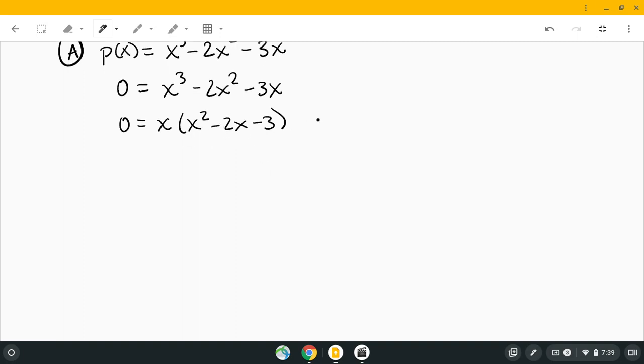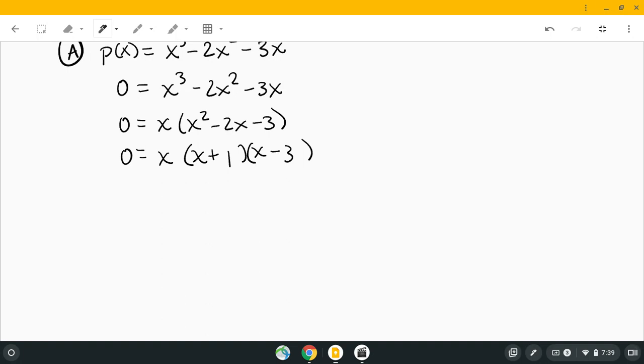So I'm going to go ahead and factor that using this method. If it's not factorable, then we can use quadratic formula. All right, so 3 here and 1 here. That will give me negative 2x for the middle term, so that is correct. Excellent.